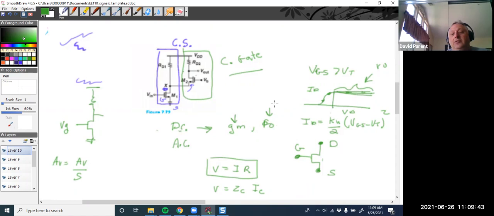And so you need to do two things. Find out where you are on that curve. That's the DC analysis, right? And then convert it to an AC circuit to do the AC analysis, right?